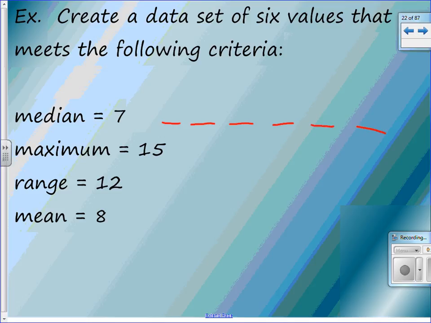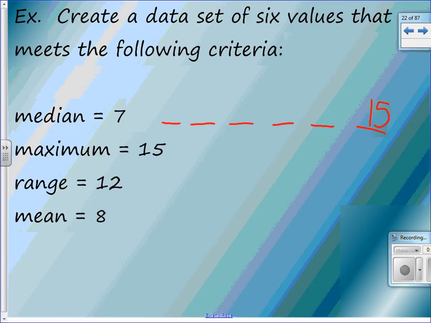Those are our 6 data points. And I know the highest number is, I'm sorry, 15. So I'm going to put that 15 right there. So these could be like ages of people in a family. For example, if you had a family of 6 kids, the eldest person would be 15. Anything else we could fill in then?